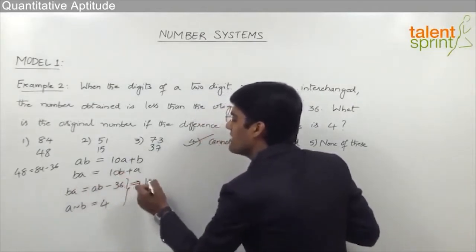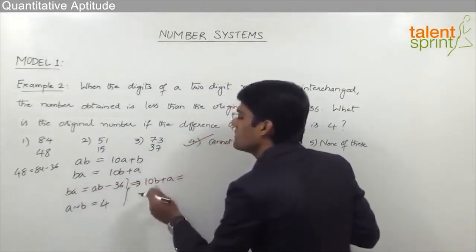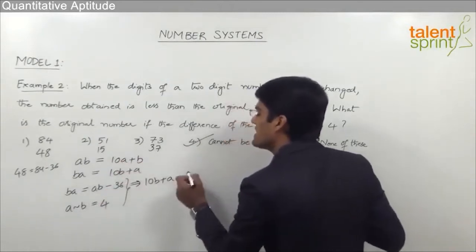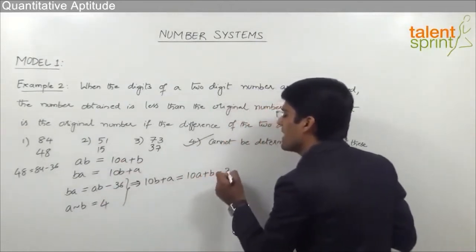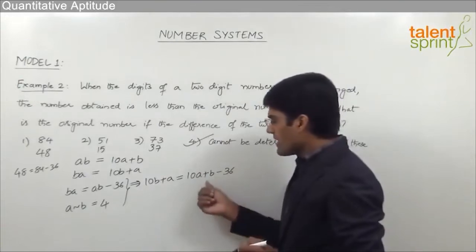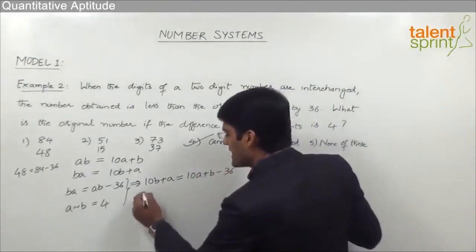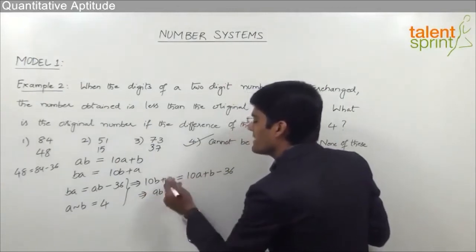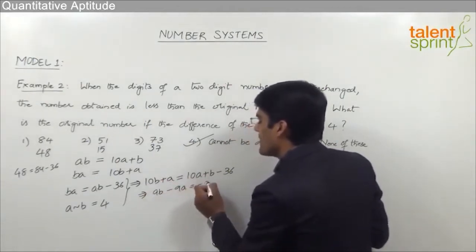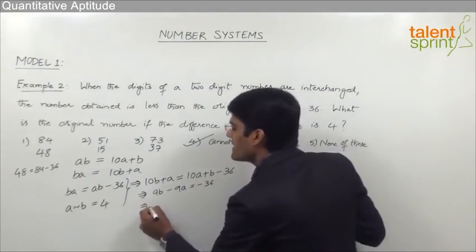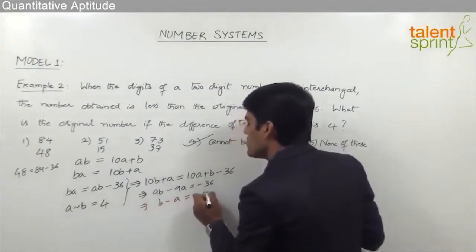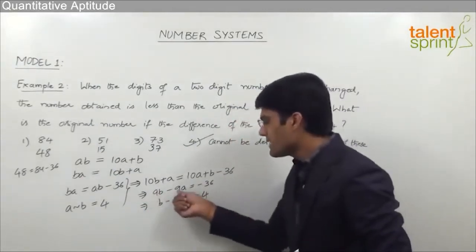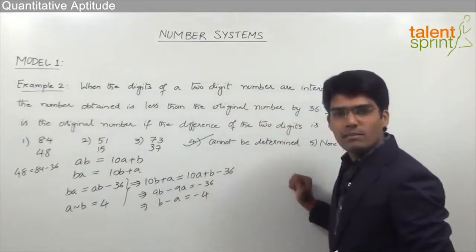BA is nothing but 10B plus A, and this should be equal to the original number AB, that is 10A plus B, minus 36. Now if we try to simplify this equation, we find that 10B minus B, that is 9B, and A minus 10A, that is minus 9A, equals minus 36. Or we can say B minus A equals minus 4, if 9 is taken common, as 36 by 9 is equal to 4.